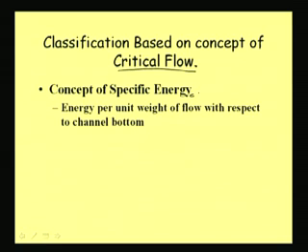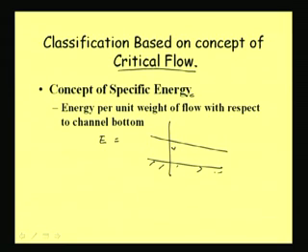In our last class we did discuss that the energy head at any section we write as follows. If this is the channel bed, then this is a depth y, and this is the datum, we call z1, y1.